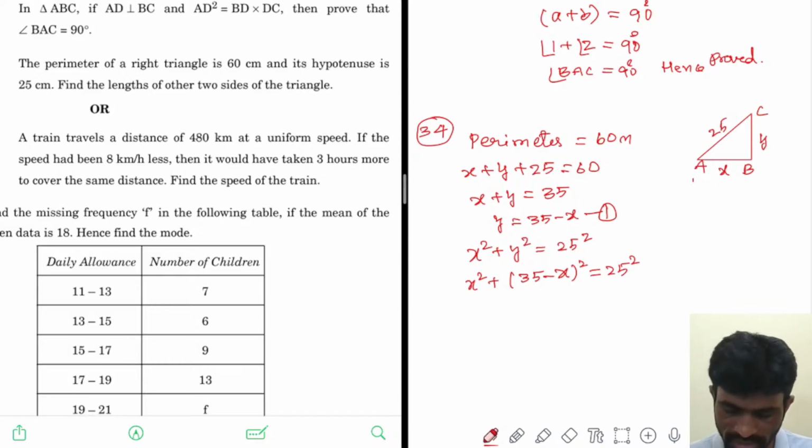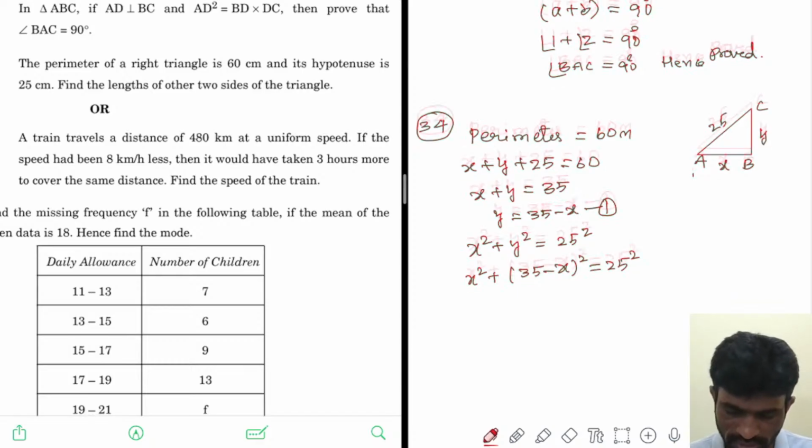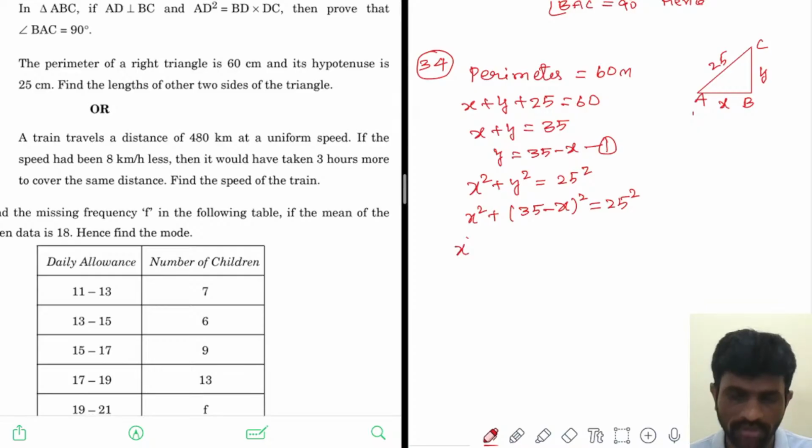Now we have to expand it. So it is going to be X square plus 35 square, which is 1225, plus again X square minus 2 into 35 into X, that is minus 70X, is equal to 625. 25 square is 625.